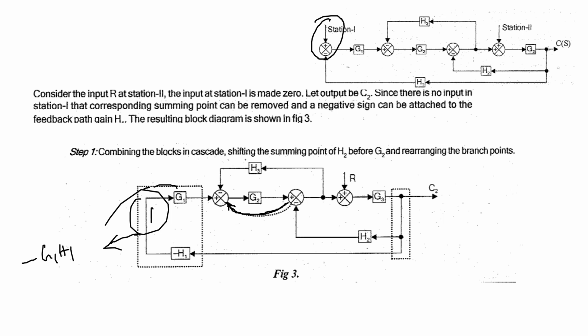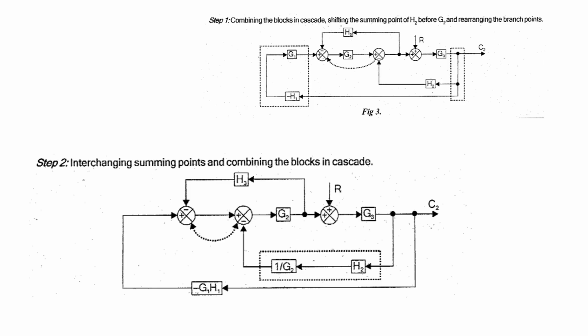You can see it here. The manipulation is done. Because of that movement, an addition of 1 by G2 is being added here. Now you can see these two blocks are becoming cascade, so I can write this as H2 by G2.